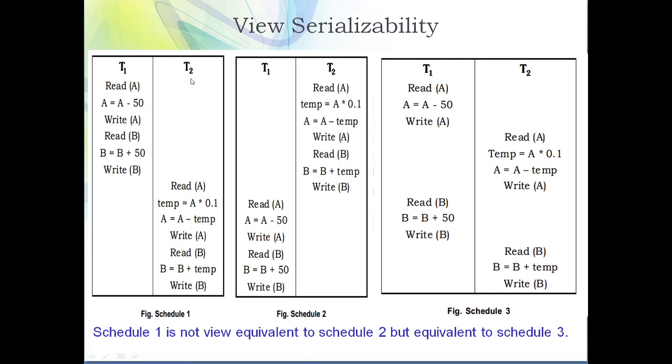Here transaction T2 is reading the value of A which is generated by transaction T1. In schedule 2, is T2 reading the value of A generated by T1? No, this is not happening. But in schedule 3 transaction T2 is reading the value of A which is generated by T1. That means the second condition is satisfied between schedule 1 and 3, but not between 1 and 2.